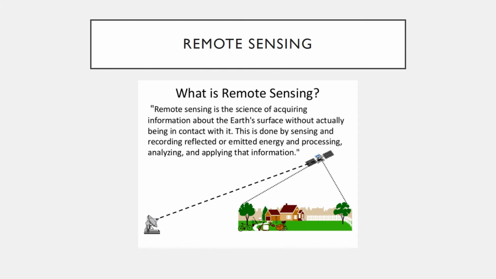It's the science of acquiring information about the Earth's surface without actually being in contact, hence the remote. This is done by sensing and recording reflected or emitted energy and processing, analyzing, and applying that information. I like this little picture here because it has our little satellite floating up here, orbiting us in space, emitting energy, and it can bounce back and say, ooh, there's a tree there, and it's 10 feet tall.